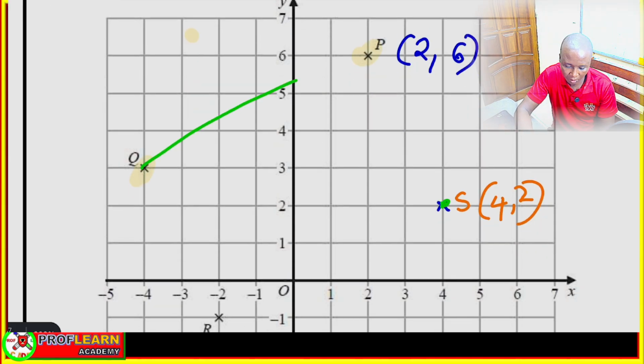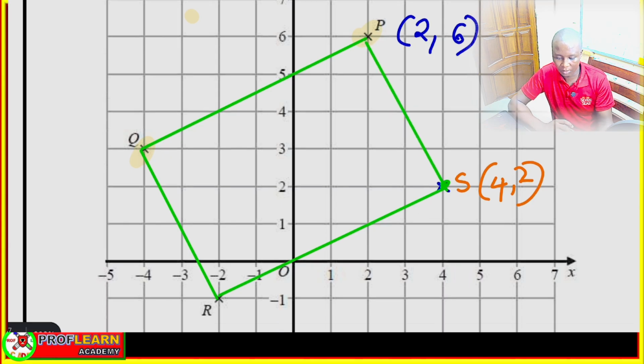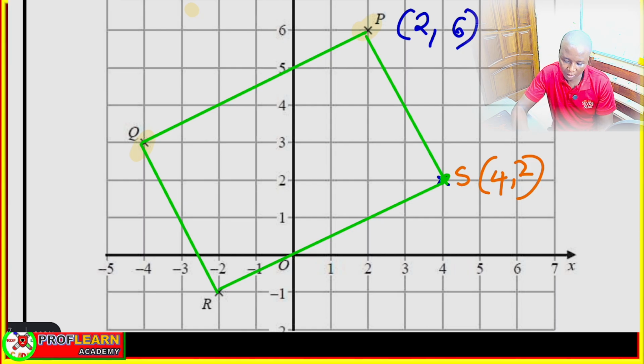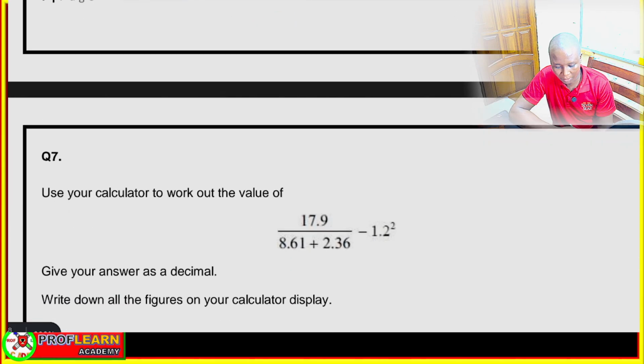So meaning if I join like this, and then I join like this here, I join like that, and then I join like this, you can see now that forms a triangle. So it means that our S is at 4.2, and then we are done. We have earned all our marks for that particular part.